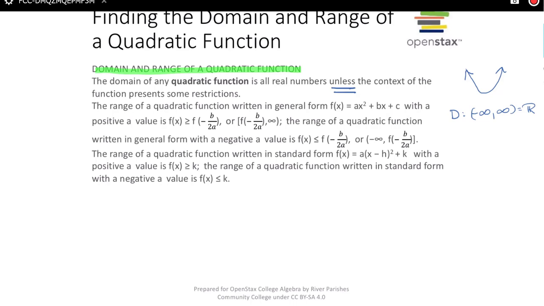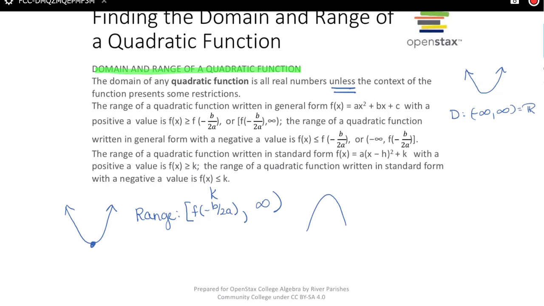So the range of the quadratic function: if it opens up, this is a minimum, so the range goes from the y-coordinate of the vertex, from k up to infinity.